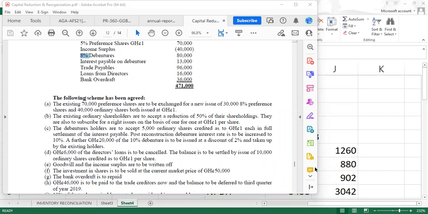So what will happen to this one? We are going to receive cash or bank, isn't it? So this money will be paid to us through bank. The thing is 20,000, but we are giving them a discount, so they will only pay 98% of the 20,000, which is 19,800.